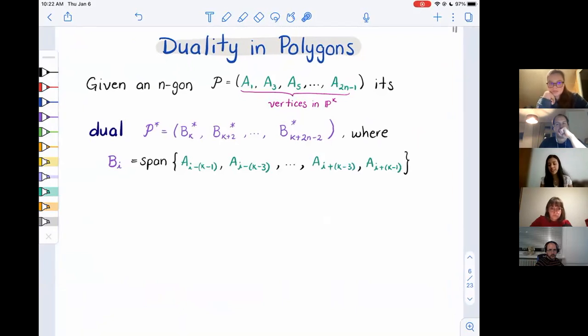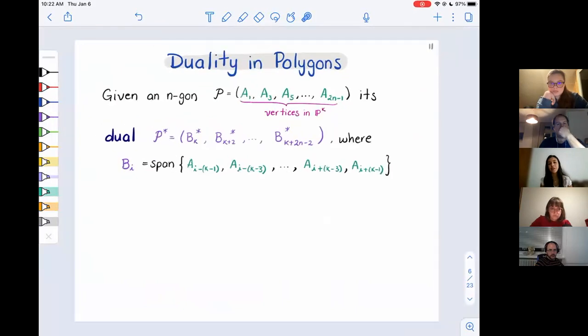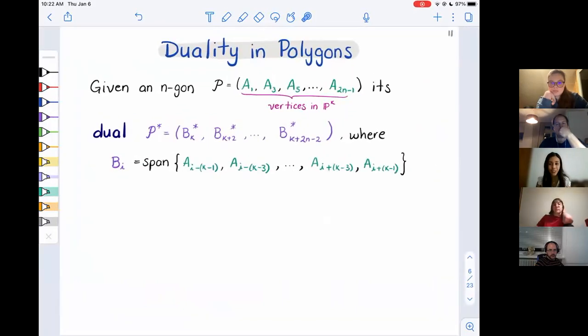You can see that the sub-indices of the vertices are a little bit off, but that is just for technical reasons. We are actually not going to pay too much attention to those sub-indices for now, because this is going to be very broad. But given a sequence of vertices in the projective space, then I can consider that polygon.